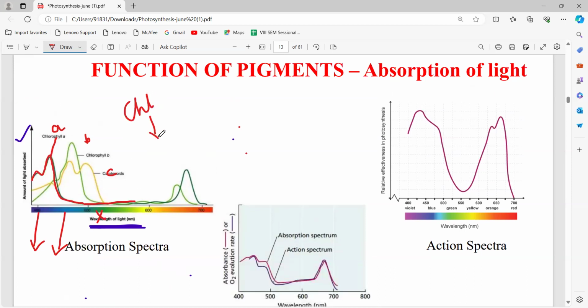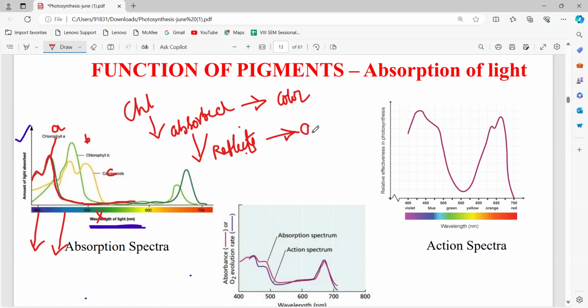Whenever a pigment absorbs a specific color, it never appears in that color. But whenever a pigment reflects or rejects a color, it always appears in that color.